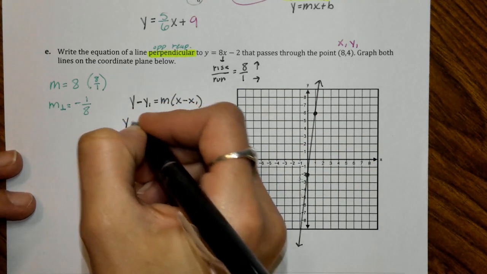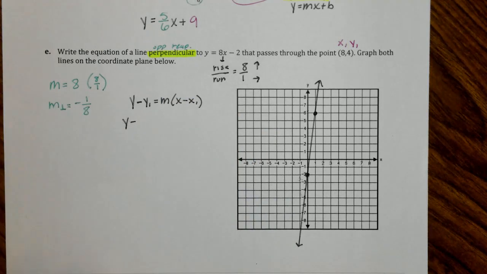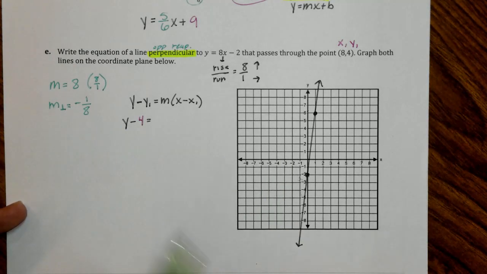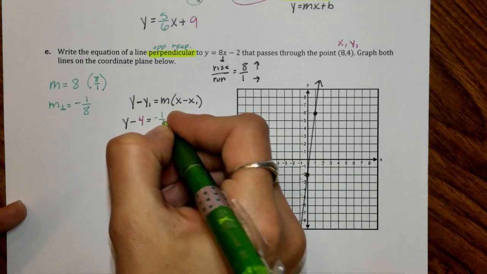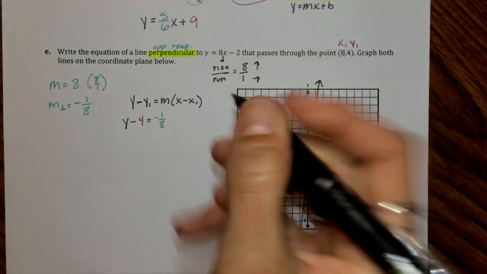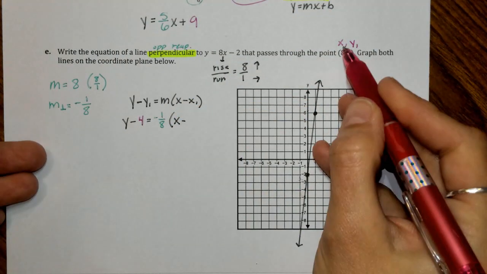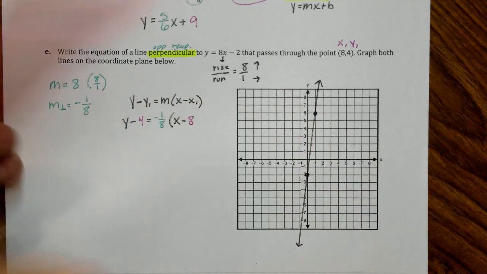We'll plug in y minus 4, that's our y1, equals, okay, we want the perpendicular slope now. We're done with the 8, slope of 8, we're done with that. We've got it graphed and everything. So we want negative 1/8. In parentheses, we have x minus the x coordinate, x1 was 8.